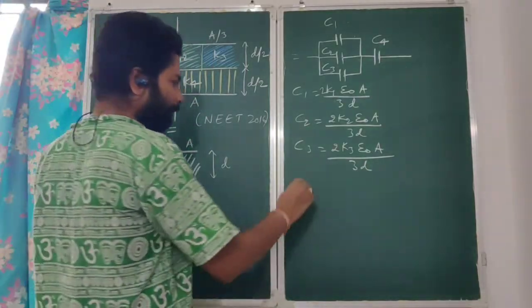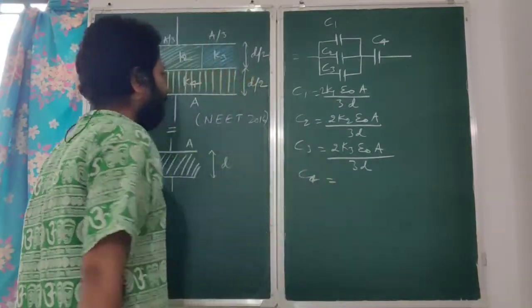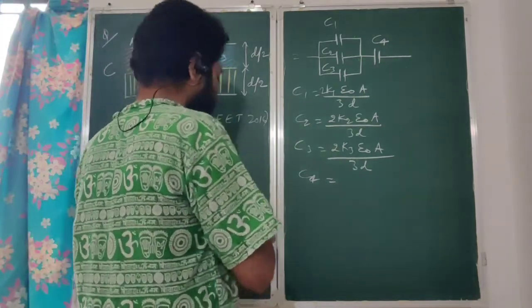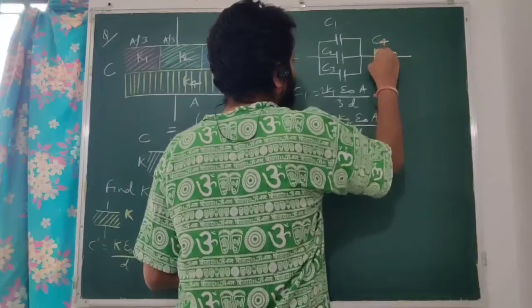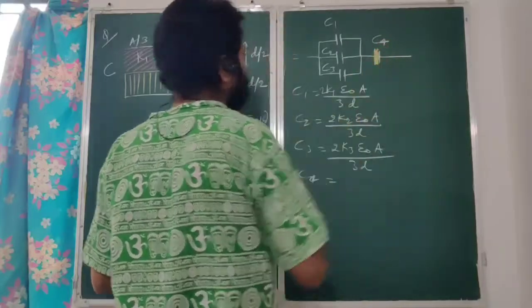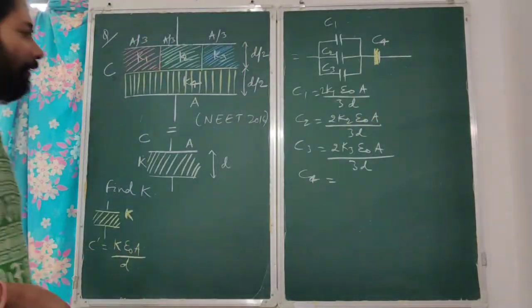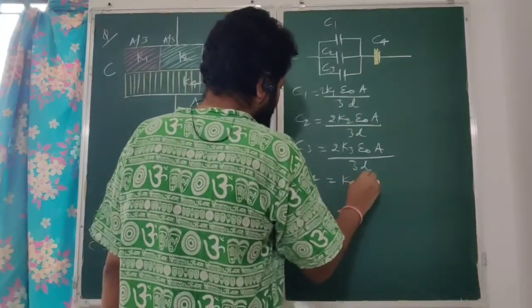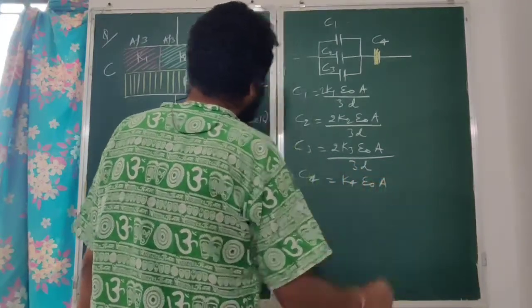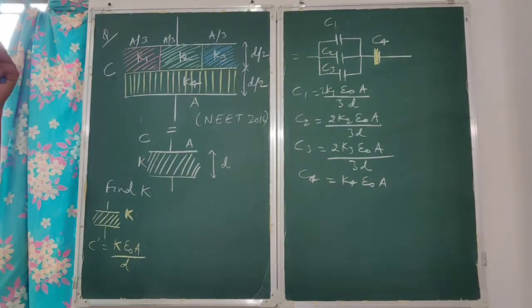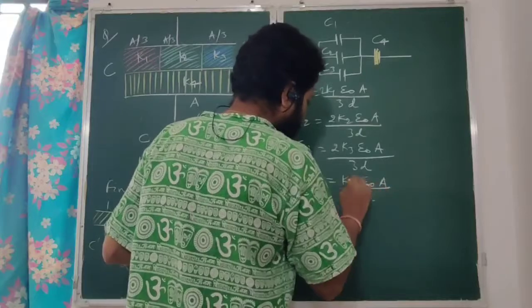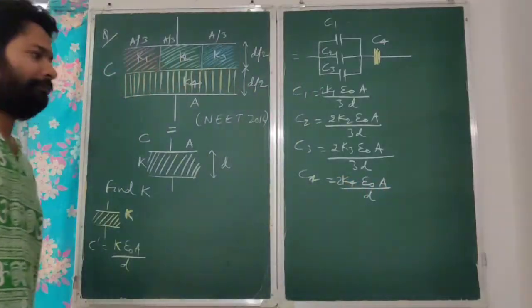Now what will be C4? Remember C4 is this one, which is filled with this yellow color. We can write it as K4 epsilon naught A by D by 2, so D will come here and 2 will come here.